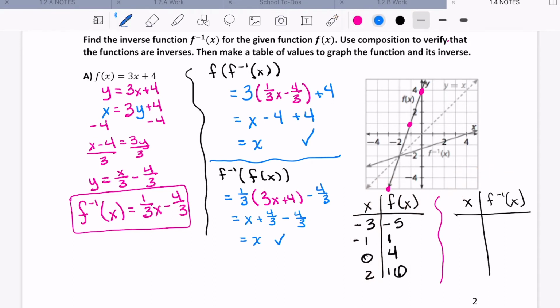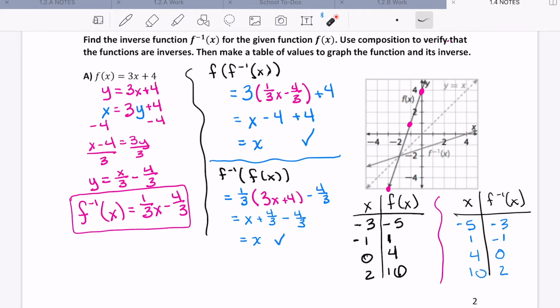So if we do that, that means that my f of x values are now my x values, -5, 1, 4, and 10. And my x values are now my inverse function of x values, so -3, -1, 0, and 2. And you can always go back and double check. If you plug in, let's say 1, 1/3 times 1 is 1/3, and 1/3 minus 4/3 is -3/3, which is equal to -1.